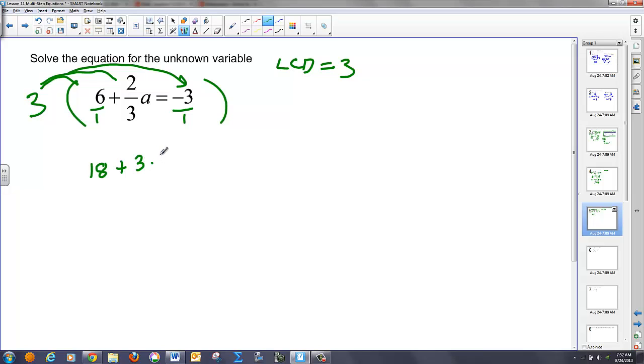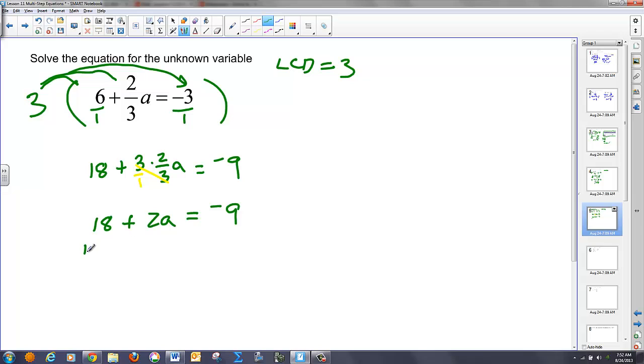Well, I'll just show you the multiplication, then I'll reduce later. I have 3 times 2 over 3a minus 3 times negative 3, which is negative 9. Now in this case, these 3's, 3 over 1 and 3, will reduce out. So I'm left with 18 plus 2a is equal to negative 9. I need to get rid of this 18 before I deal with the multiplication.